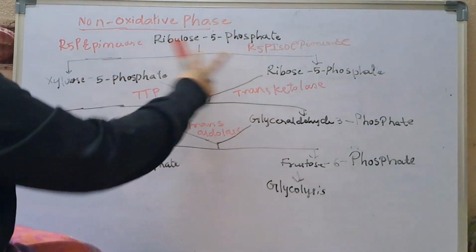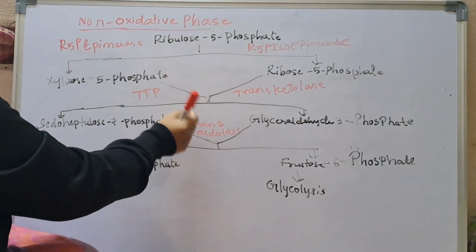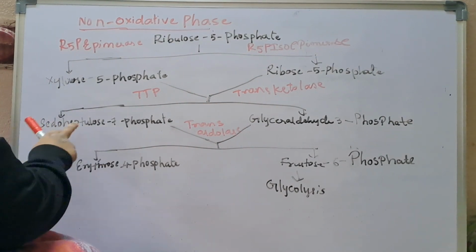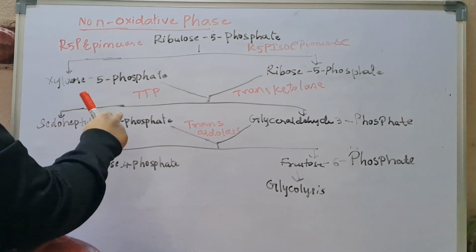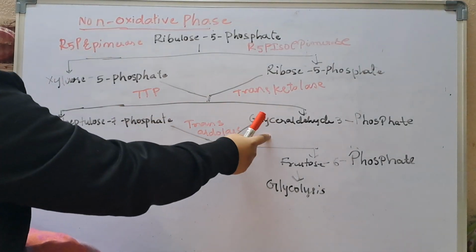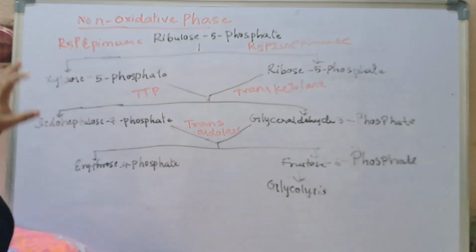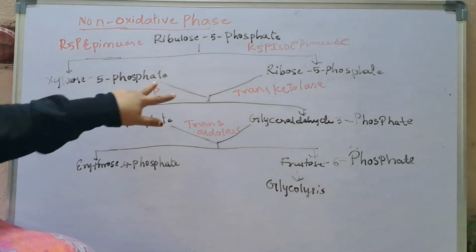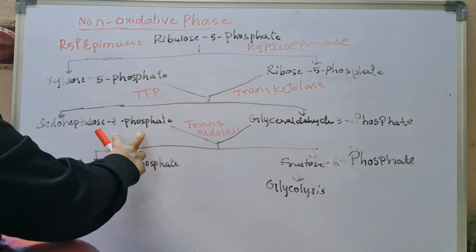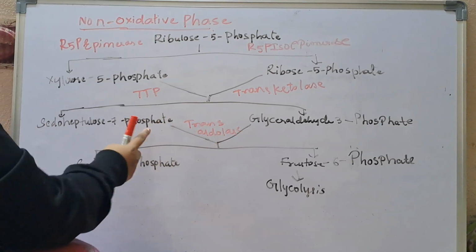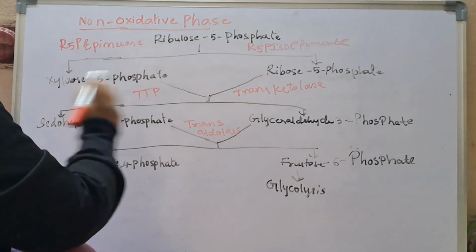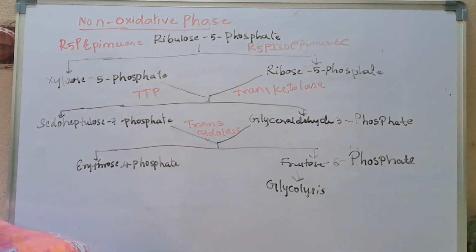Now these two are combined and converted into sedoheptulose 7-phosphate and glyceraldehyde 3-phosphate with the help of TPP and the enzyme transketolase. Now these two products are converted into erythrose 4-phosphate and fructose 6-phosphate with the help of transaldolase. This is how we get fructose 6-phosphate.